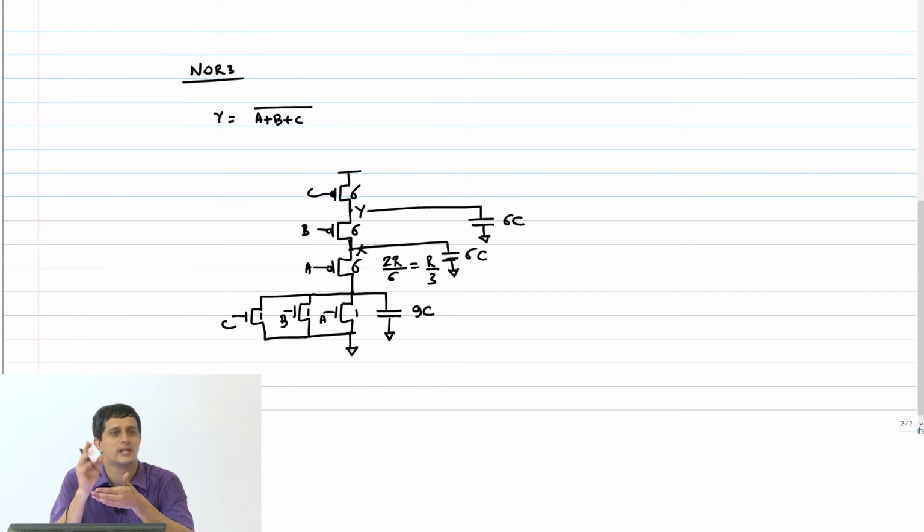That depends on how you lay them out, right? And it can vary from person to person. There will be multiple ways of doing it also, right? So this is just something to keep in mind, where when there is clearly a shared uncontacted diffusion, don't double count the capacitance. That's a very reasonable approximation, and it's also valid in reality, right? But it's not easily extendable to every single case of layout that we do. Okay? Okay, right.